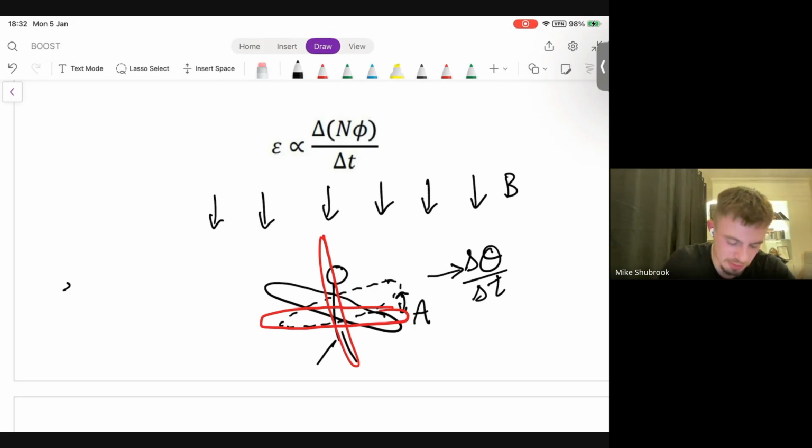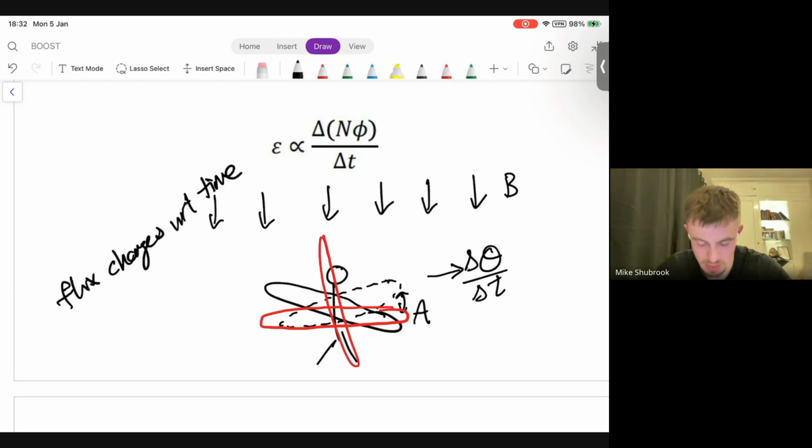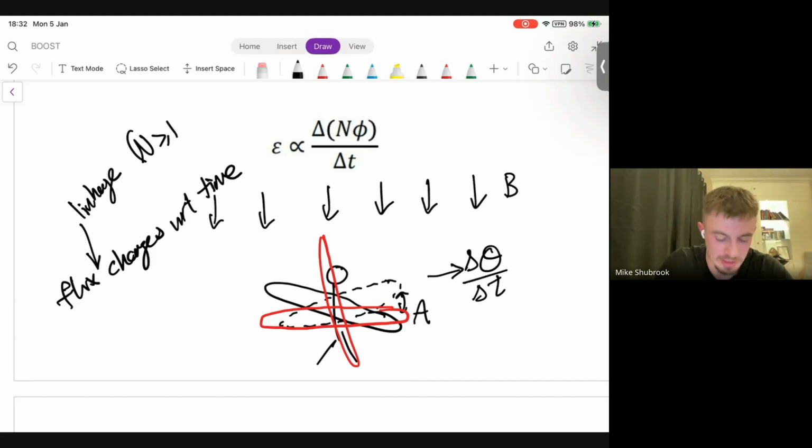So in this scenario, the flux changes with respect to time. Now imagine that I'm even better at doing this hula hoop and I've got multiple hoops around my waist at the same time. I can say that the flux linkage is changing with respect to time. And that's just a case where I might have more than one of these hoops around my waist.